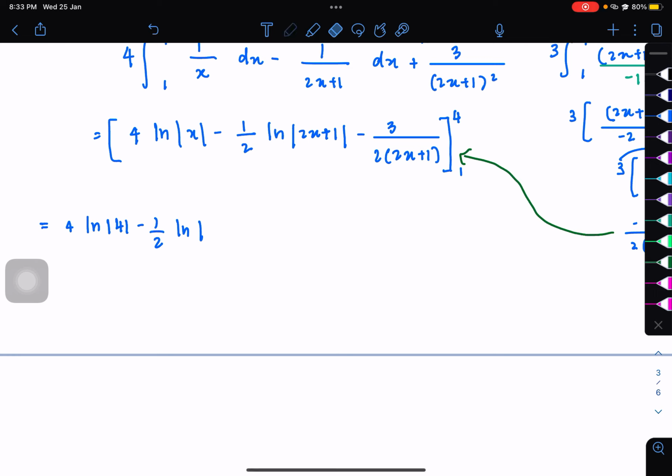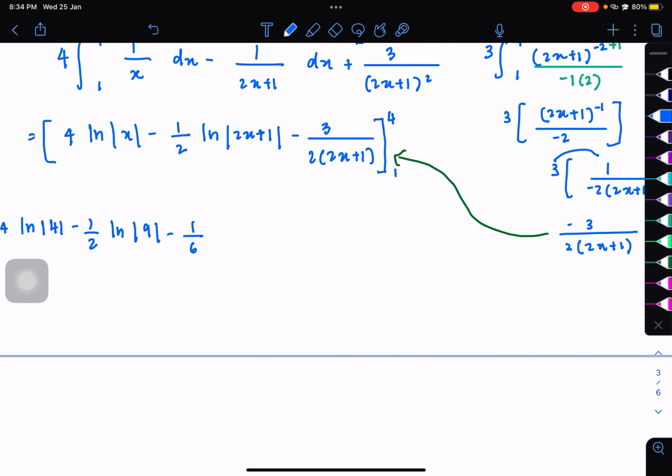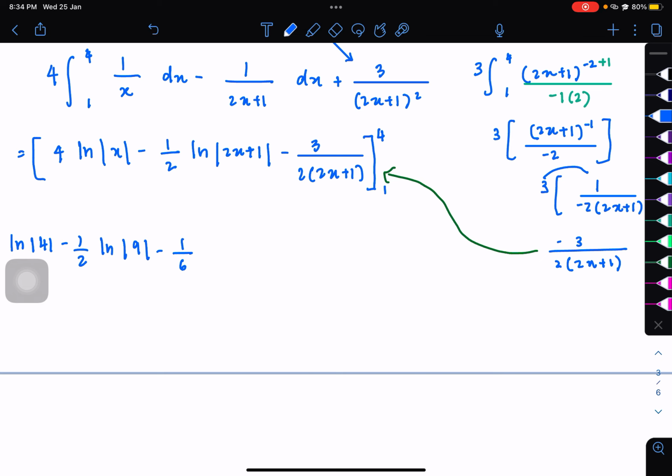Ni I terus tulis je lah 9 minus ni I terus tulis je 1 over 6. Yeah, 1 over 6. Okay, 1 over 6. Yes.